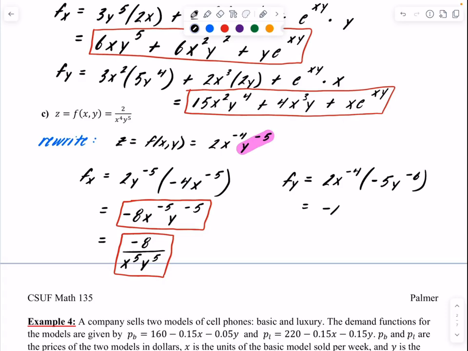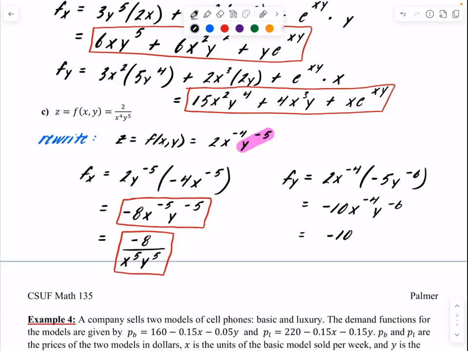This becomes negative 10 x to the negative 4, y to the negative 6. Again, I can leave my answer like that. If I wanted to leave my exponents positive, this would be negative 10 over x to the 4th, y to the 6th. Both of these are sufficient.